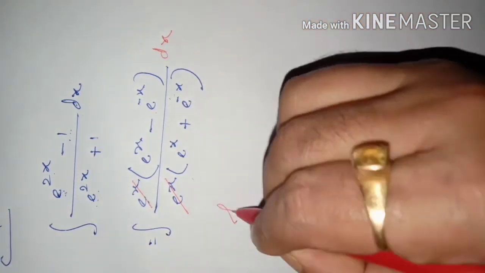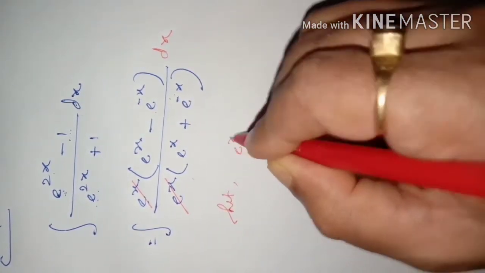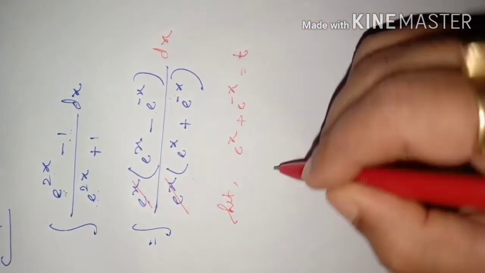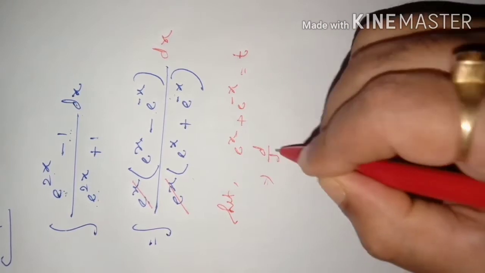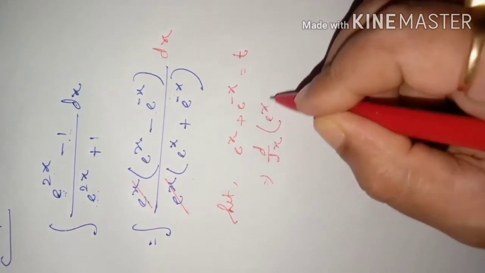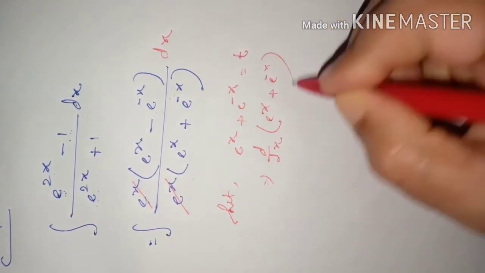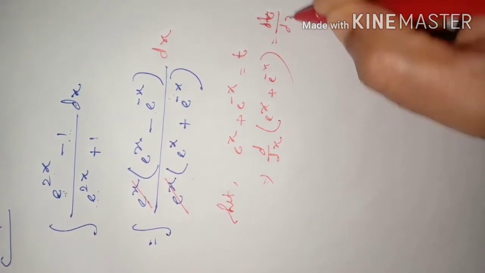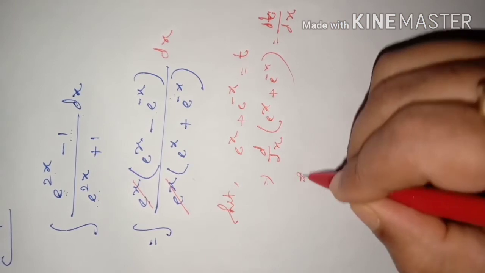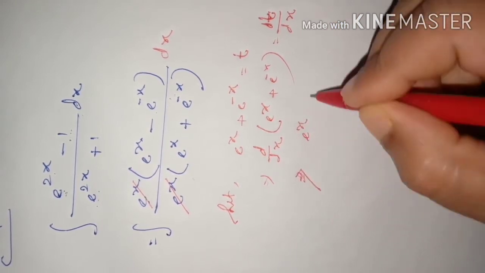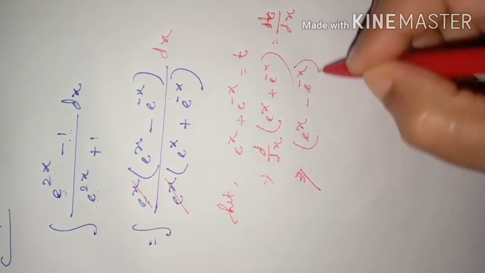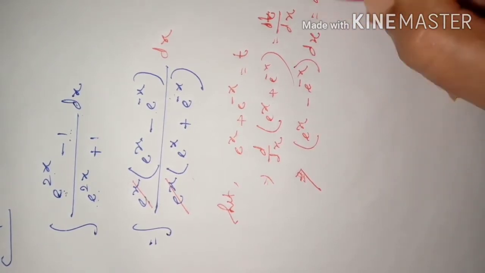Suppose e to the power of x plus e to the power of minus x is equal to t, then d by dx of e to the power of x plus e to the power of minus x will be equal to dt by dx. Then its derivative will be e to the power of x minus e to the power of minus x, so into dx is equal to dt.